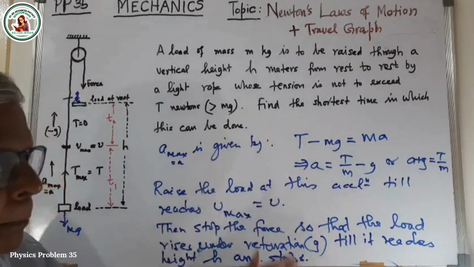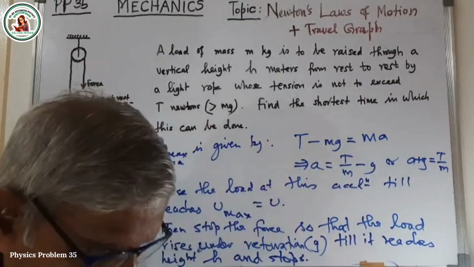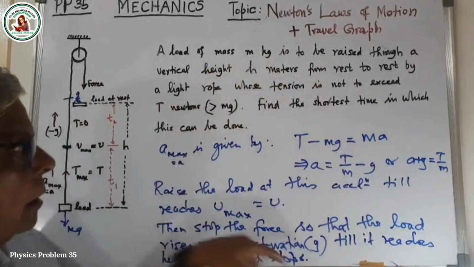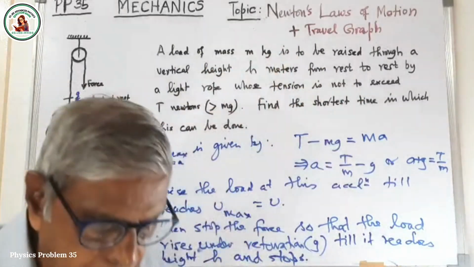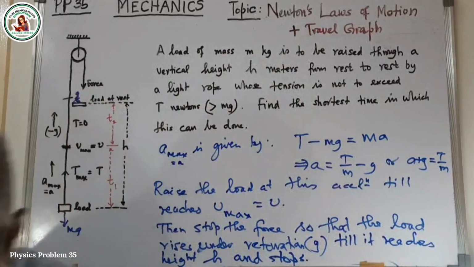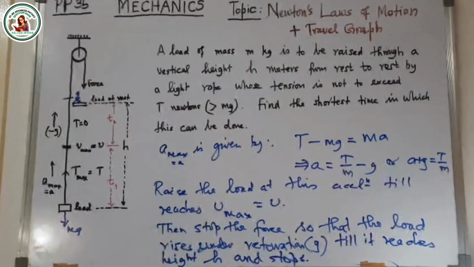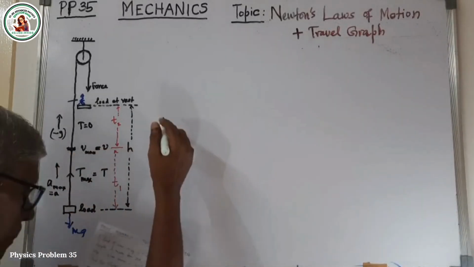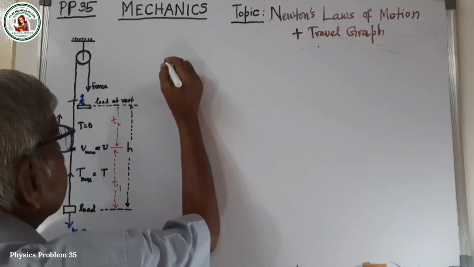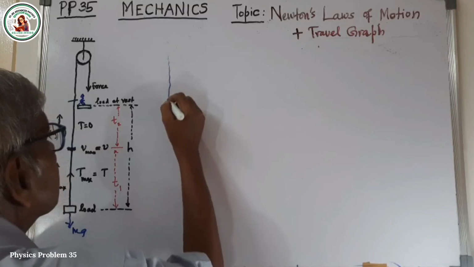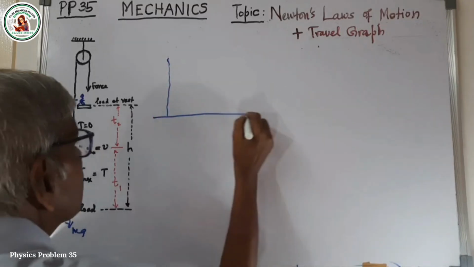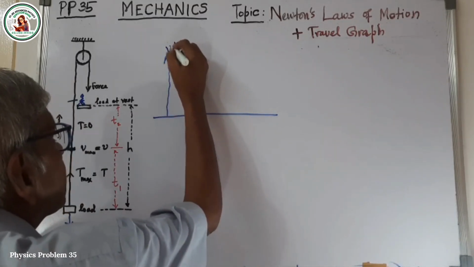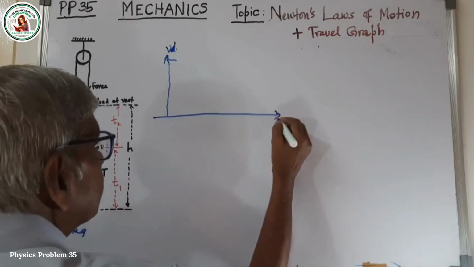Now let us see how to proceed. We have to draw a graph for this, because the question is based on the graph also. I will clear the board before I draw the graph. What I said is represented by the velocity time graph, with velocity on the vertical axis and time on the horizontal axis.